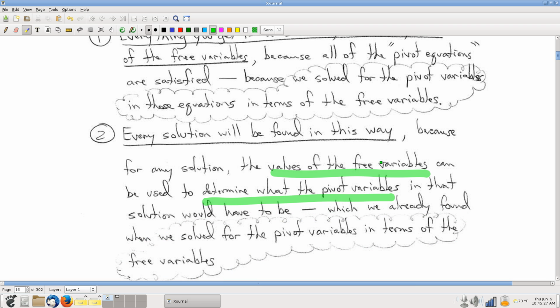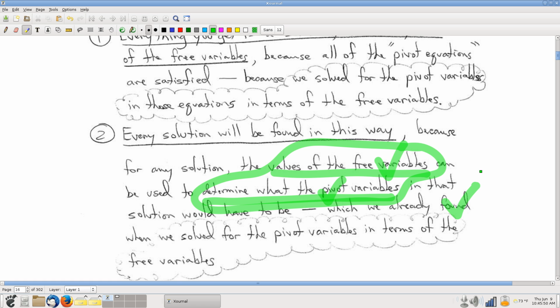Right? So whatever values the free variables might take in this hypothetical solution we missed, take those values, plug them in, see what the pivot variables have to be. I mean, this solution would have to have those values of those pivot variables. And what you get then is a solution that we've already found. Right?